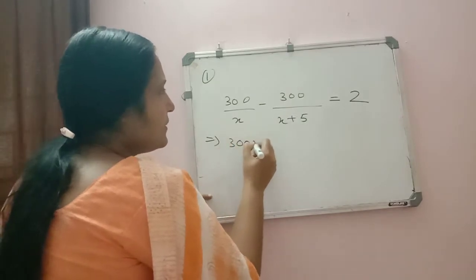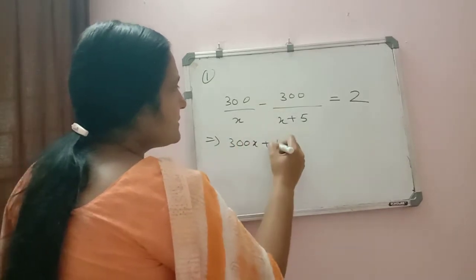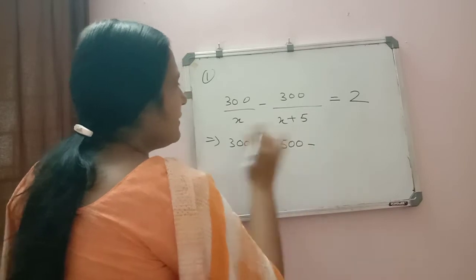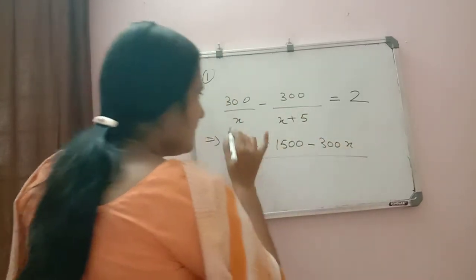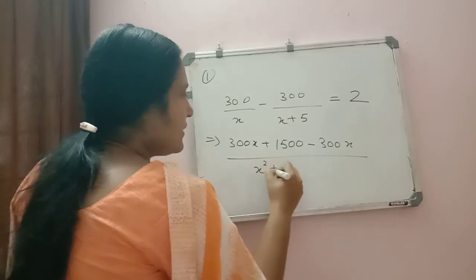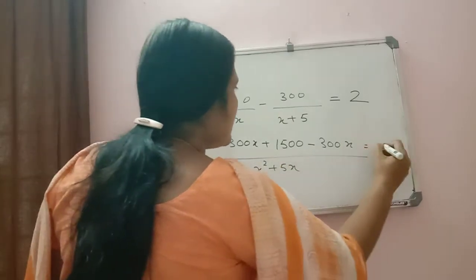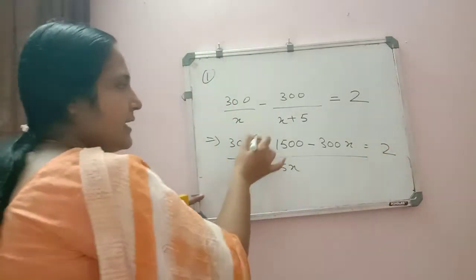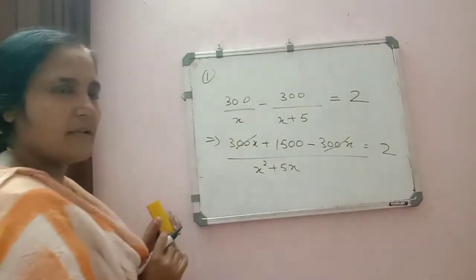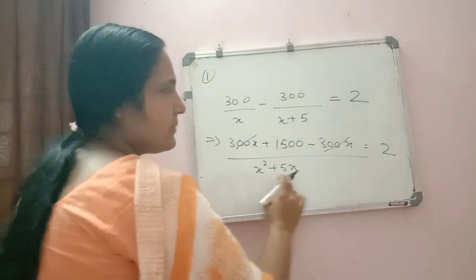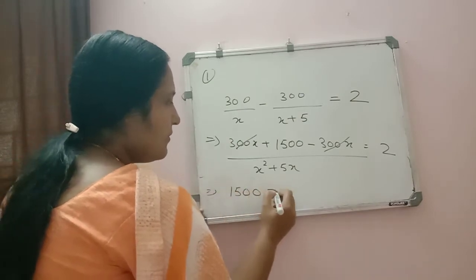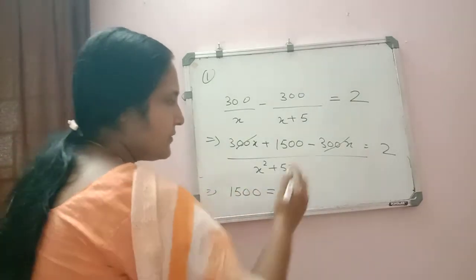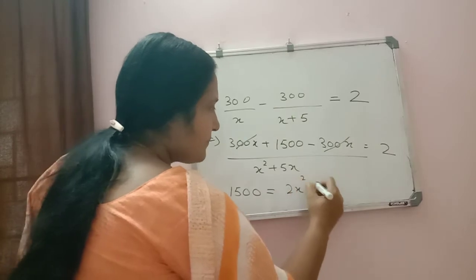It will be 300x plus 1500 minus 300x, by multiplication here also x square plus 5x, is equal to 2. 300x and minus 300x will get cancelled. x square plus 5x we can shift to the right hand side, so 1500 is equal to 2x square plus 10x.